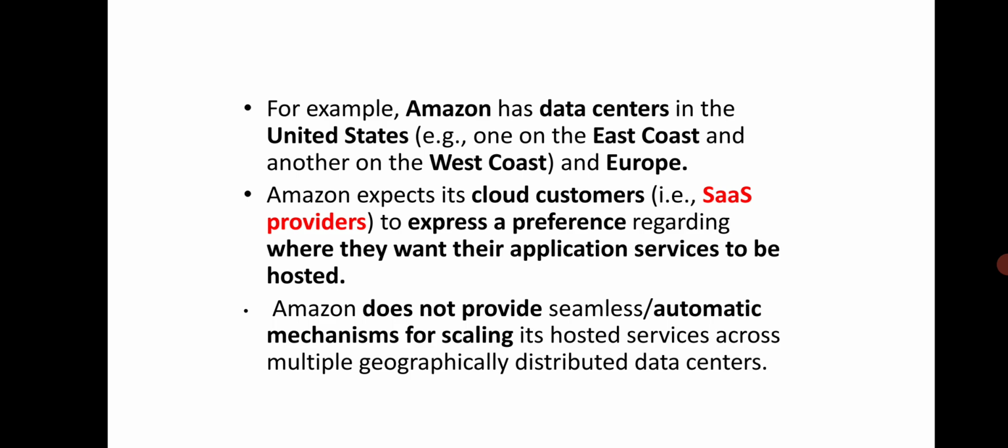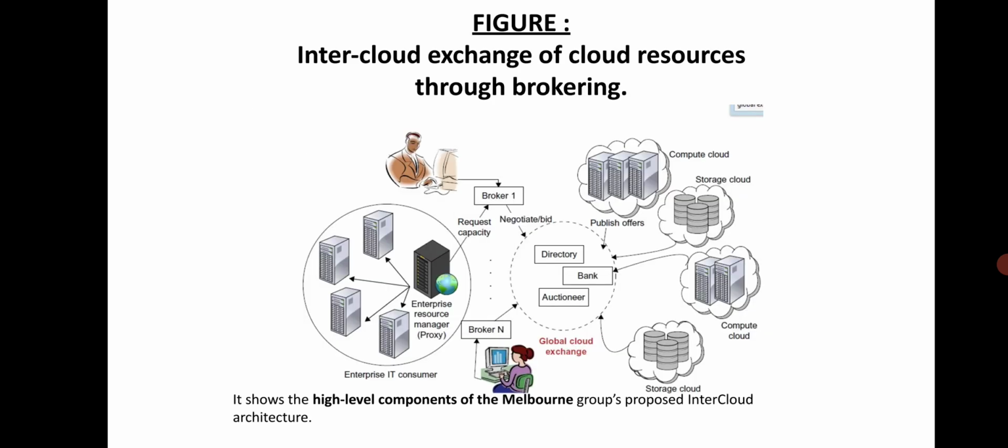Amazon does not provide seamless automatic mechanisms for scaling its hosted services across multiple geographically distributed data centers. So you can see the high level components of the Melbourne group of intercloud architecture. Thank you.